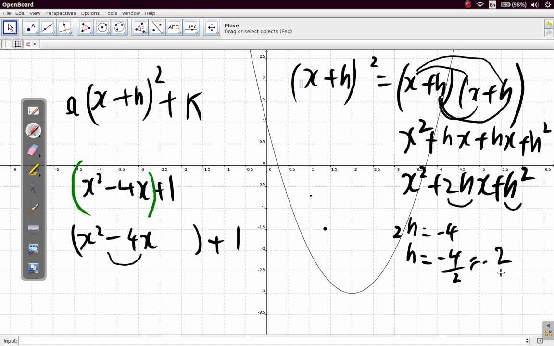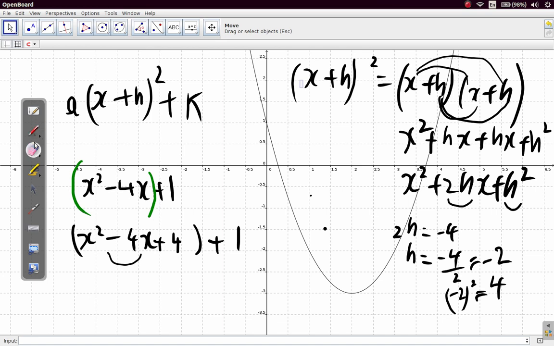So then h squared is negative 2 squared, which is positive 4, because negative 2 squared is equal to positive 4. So this says plus 4.